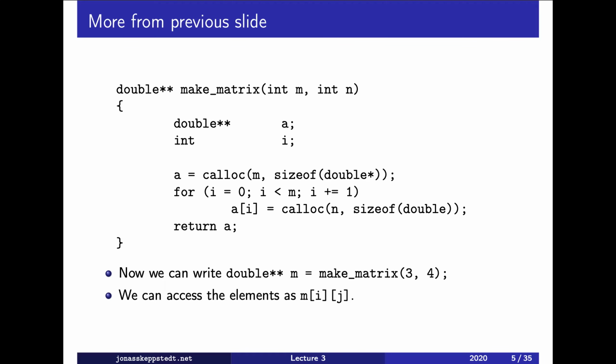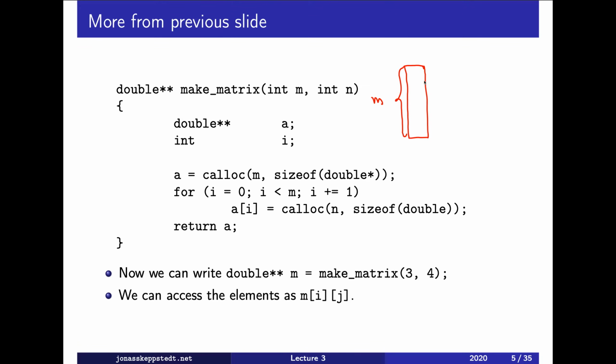So what we can do is to, in this function we want to create and return a matrix. So we start with an array which contains m elements, and we want m rows.